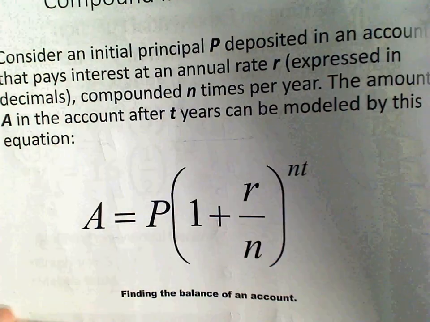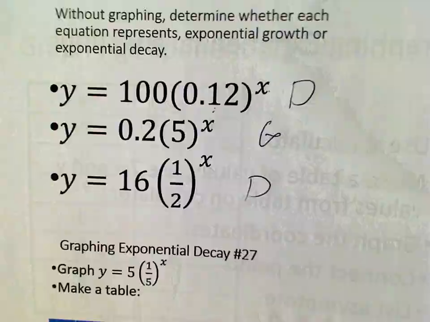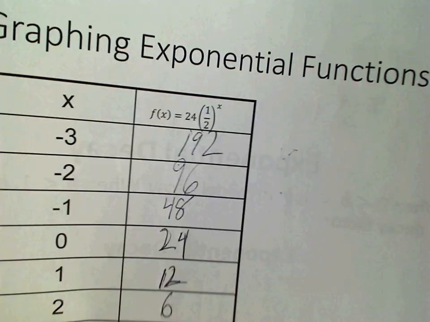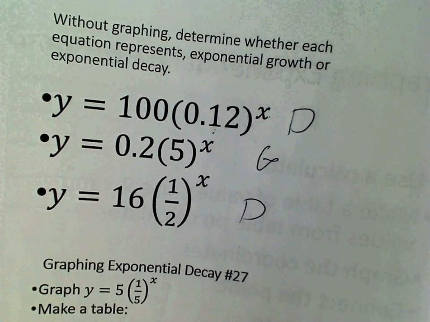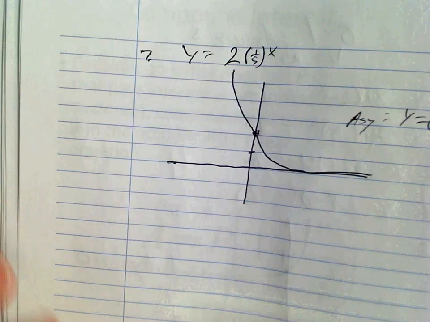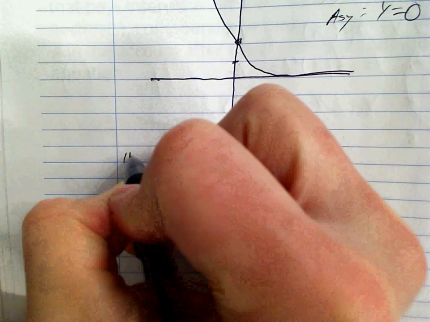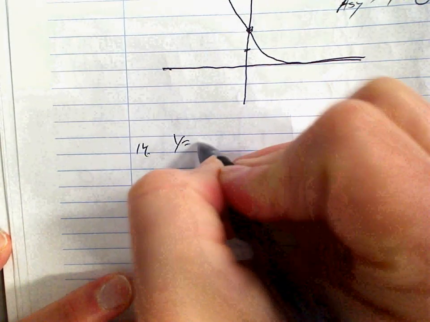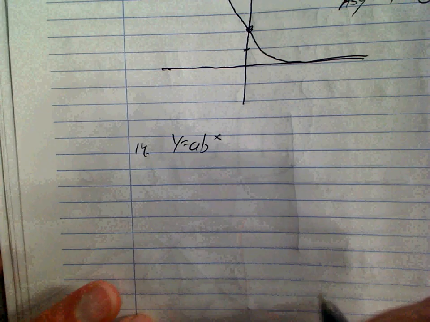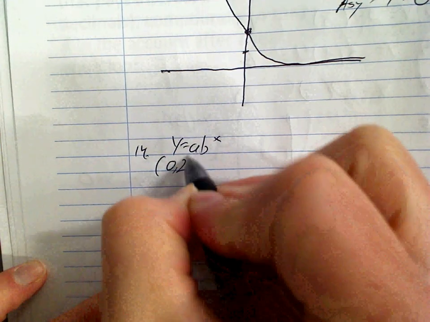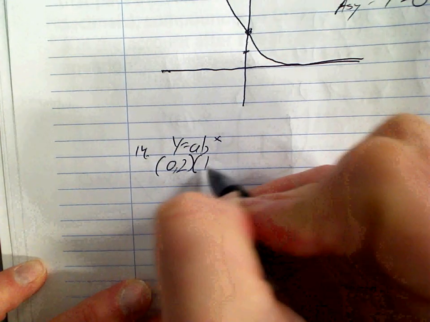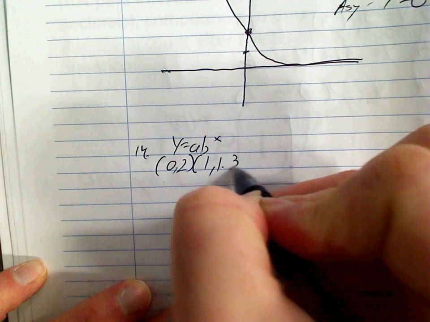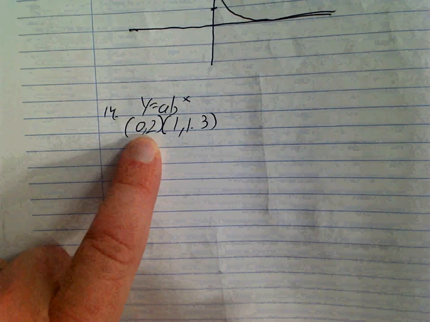Let me go back here now. I don't remember where I put it. Okay, 14, you have to find the model, a y equals ab to the x model, for this. You have a point that goes through 0, 2, and a point that goes through 1, 1.3. 0, 2 is kind of nice.